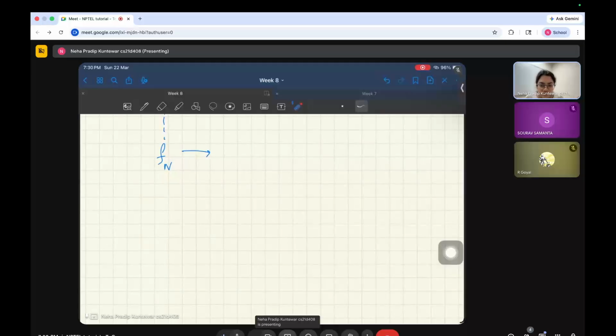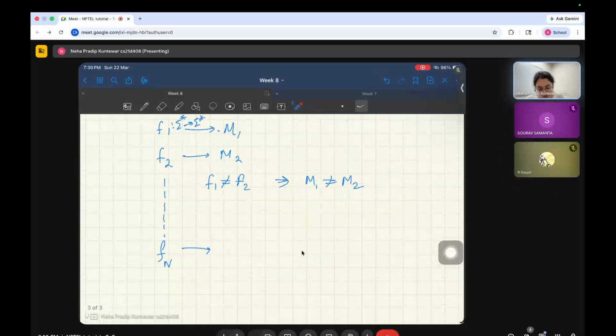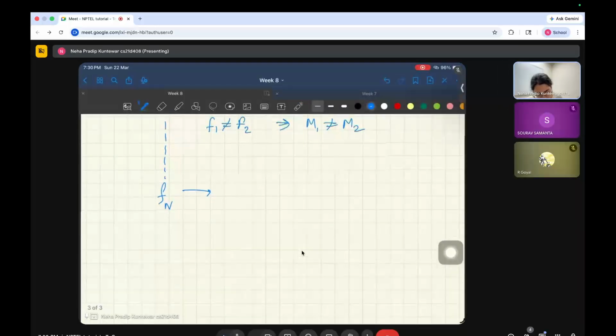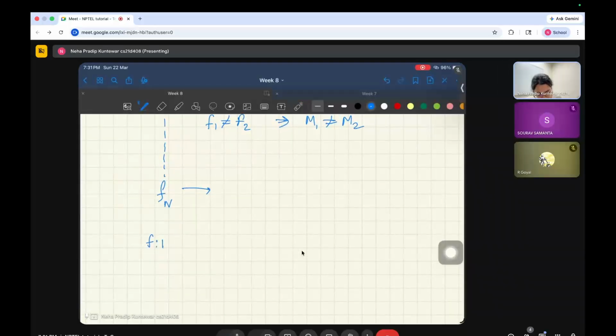Is this fine? Do you see the screen now? Yes. So you want an example of a function from sigma star to sigma star. One simple example could be, let's say sigma is 0 1 for us, let's assume it's binary. Then what f of x would do is add a 1 before x and output this.